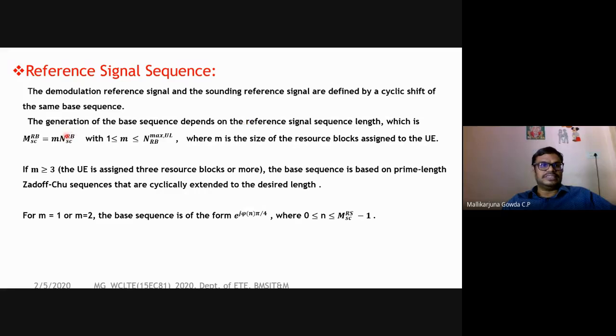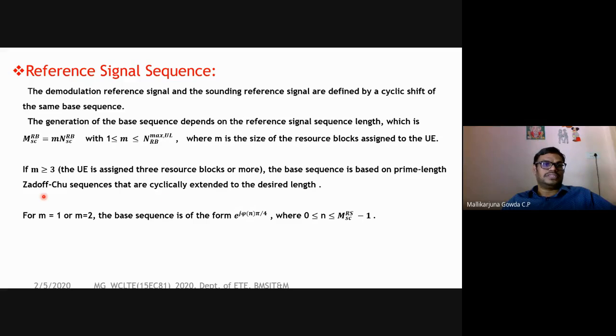It is defined as M_sc^RS equal to m times the number of subcarriers per resource block, where the value of m can vary in this range: it can be less than the maximum number of resource blocks in the uplink and greater than 1. As I said, m is the size of the resource block allocation assigned to the user equipment.